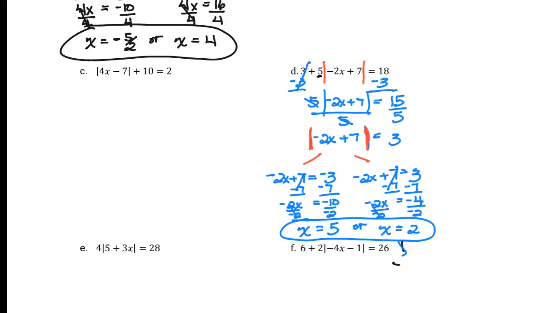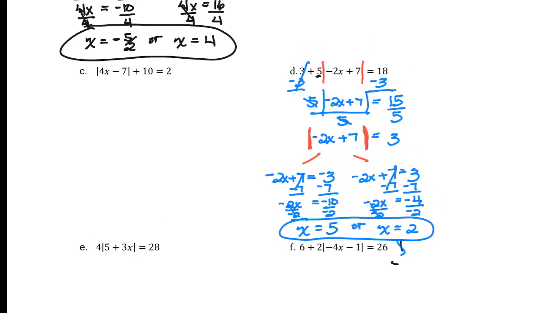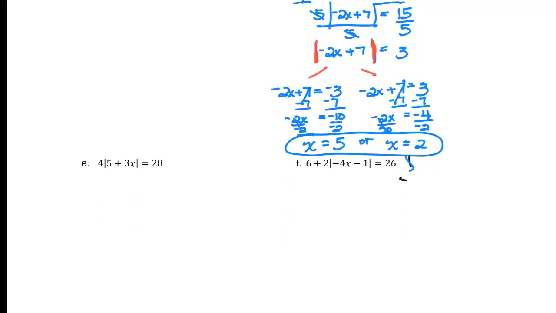Okay. Any questions on that one? Undo addition, subtraction first, then undo any multiplication and division outside of those absolute values, and make sure you set them equal to the negative and the positive value.